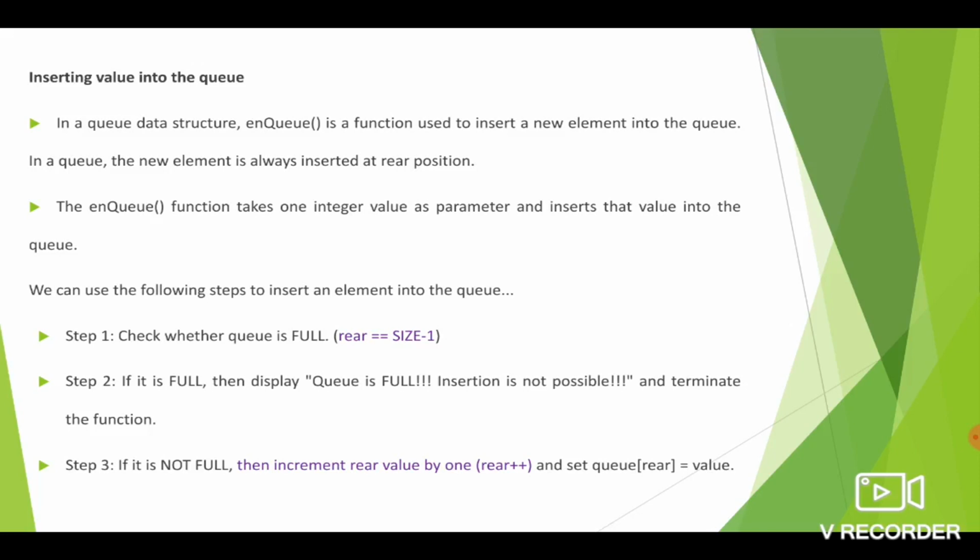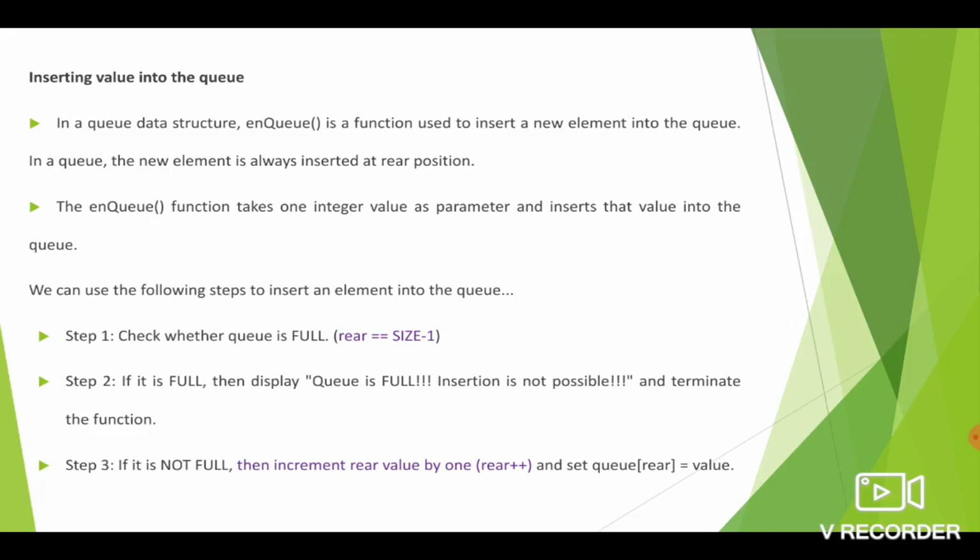If rear equal to size minus 1, it indicates that the queue is a full queue. So you cannot insert one more element into the queue. You have to give the error message, insertion is not possible, and you can terminate the function.